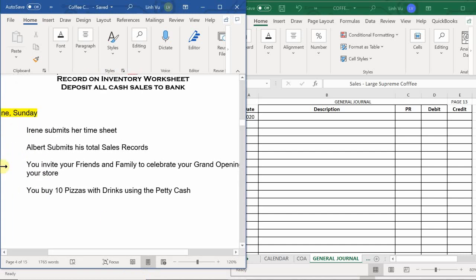So you, okay, meaning Bob, is going to pay for 10 of those pizzas with drinks and stuff, okay? And he used the petty cash fund. In this case, do I journalize this transaction? You're not being given an amount. How are you going to journalize?